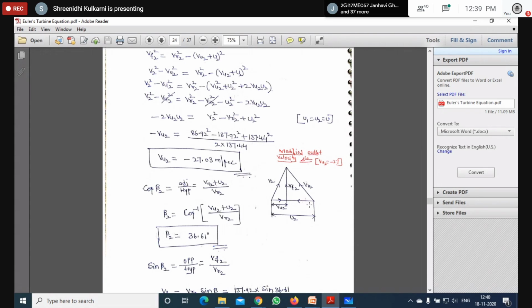I want this distance. So U2 minus VU2 divided by the hypotenuse, which is VR2, because this is the beta angle. So please make this correction: U2 minus VU2 divided by VR2.